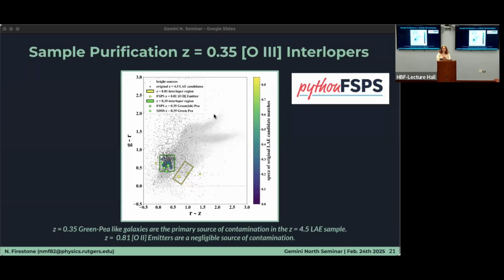So this is all to say that green pea-like galaxies are the primary source of contamination in our high redshift samples. And the O2 emitters are a negligible source of contamination, but we are still careful to remove them.